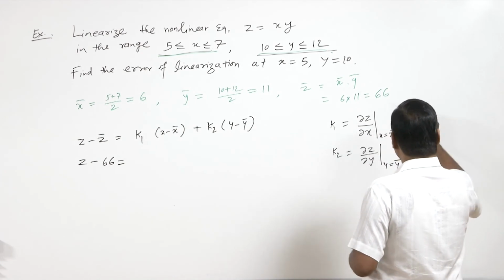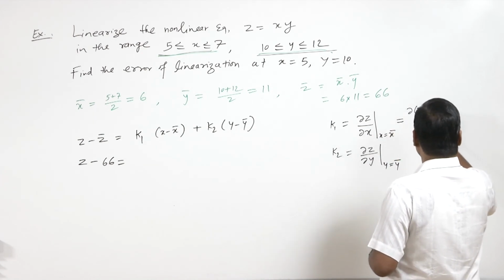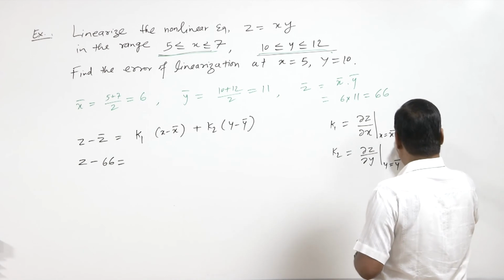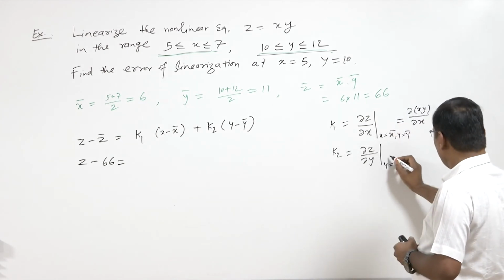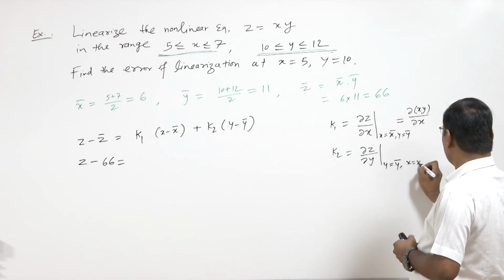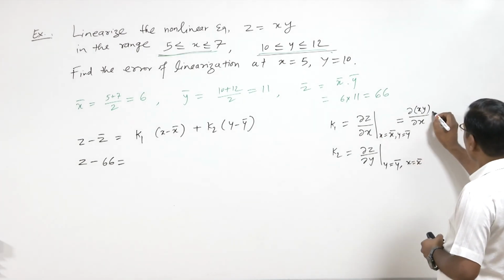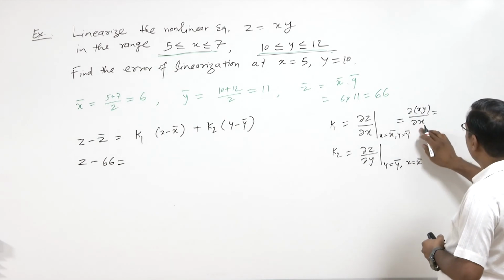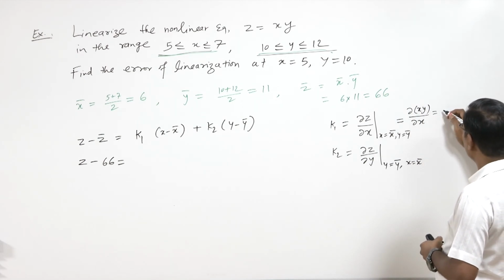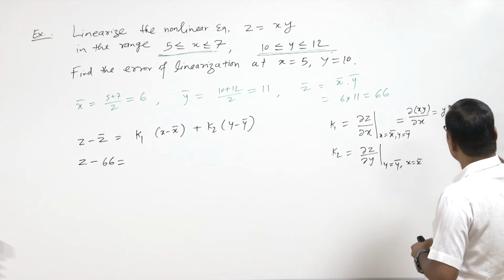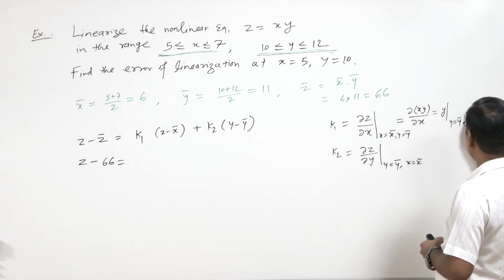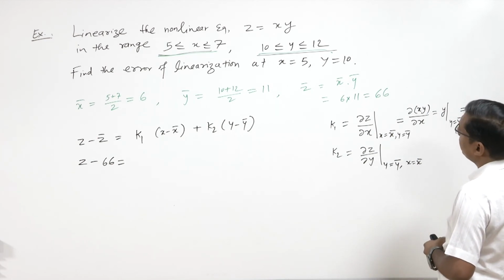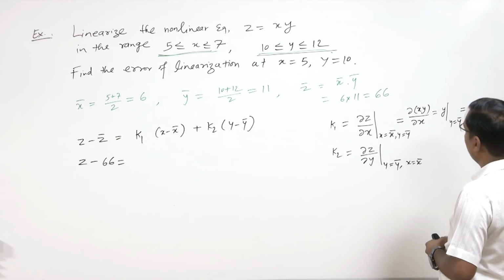So, del z by del x, where z is xy, so del xy by del x is nothing but y, at y equal to y bar, and that y bar is 11.